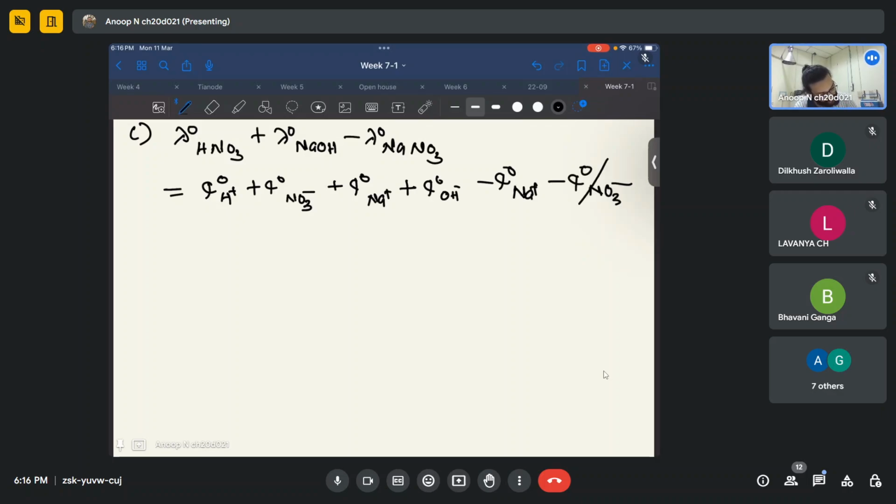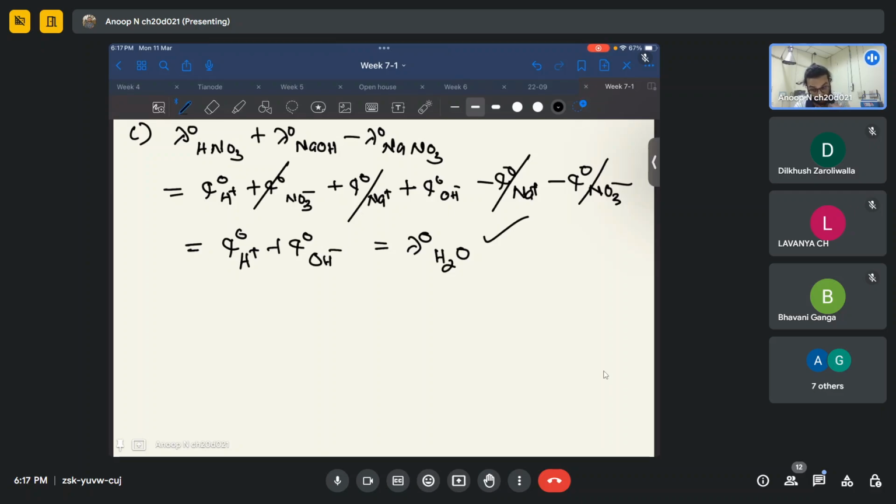NO3 minus cancels out, Na plus cancels out, which is equal to L0 H plus plus L0 OH minus, which is lambda 0 H2O. So this option is also correct.